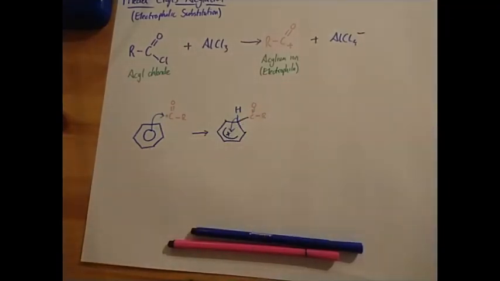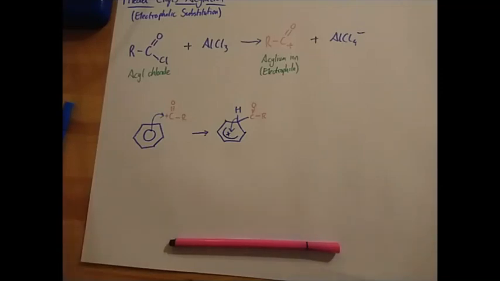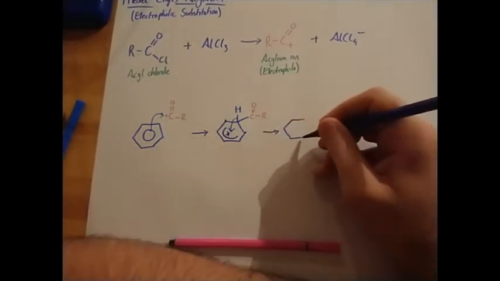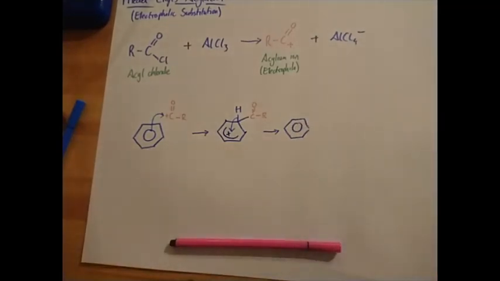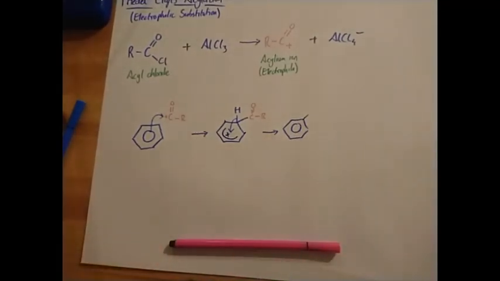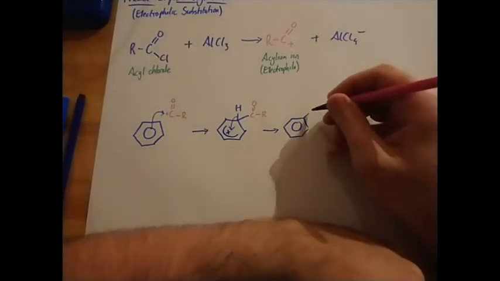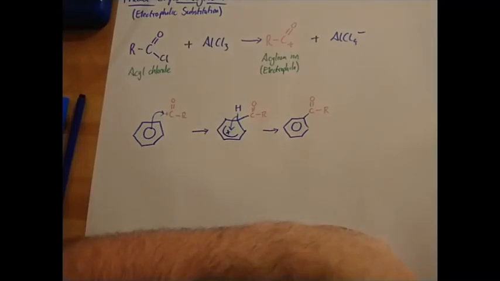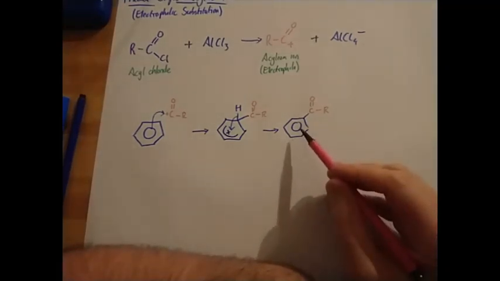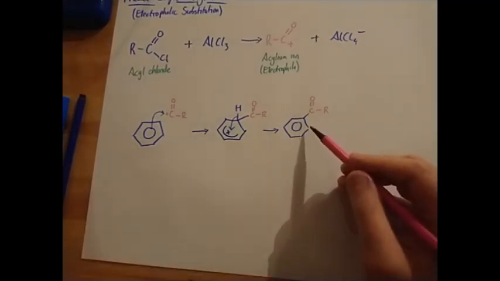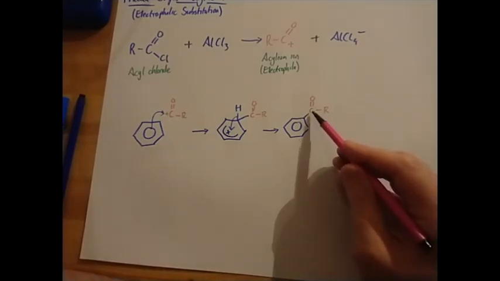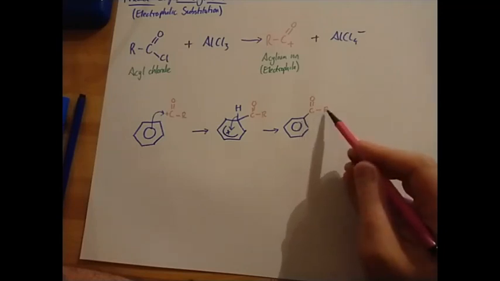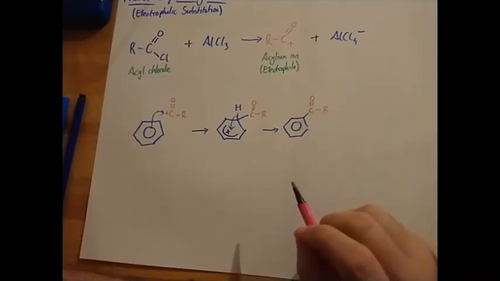The electrons from that go into the ring to reform the delocalized ring. So now we draw a full circle again. And now attached to our benzene ring is this. Now, what type of functional group is this? Well, you've got a carbon, double bond to an oxygen, so it's going to be an aldehyde or a ketone. And we've got a carbon here, we've got carbons in the R chain, so we've formed a ketone.